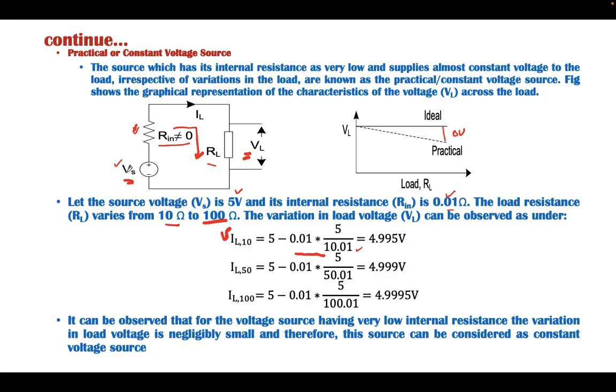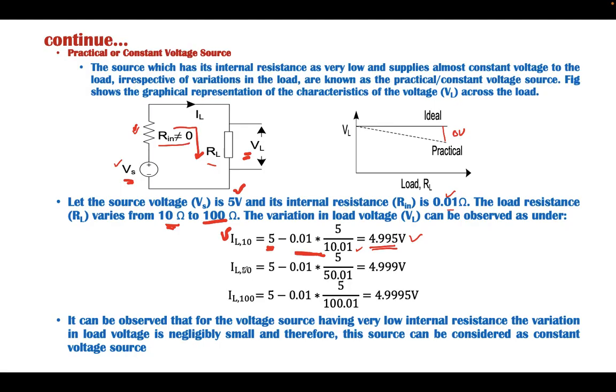Multiplying this current with the internal resistance gives the voltage drop in the internal resistance. Subtracting it from the source voltage of 5 volt, the voltage across the load will be 4.995 volt if the load resistance is 10 ohm.